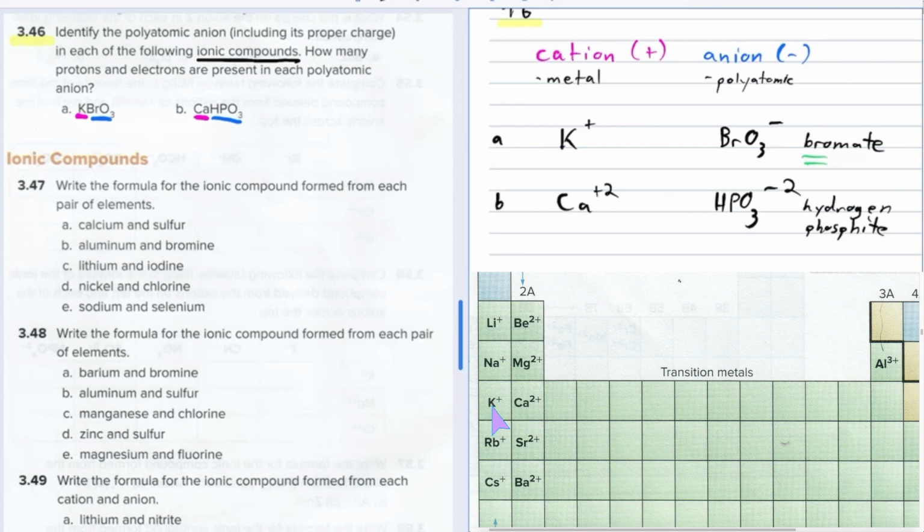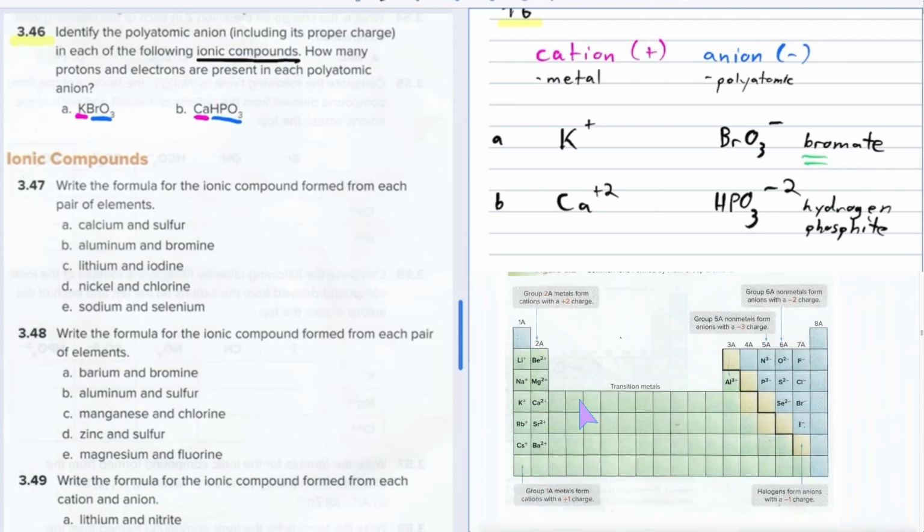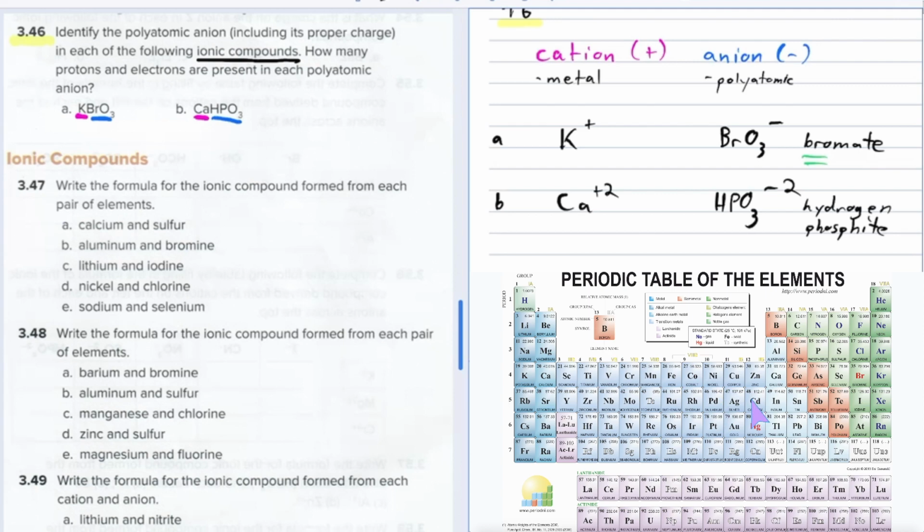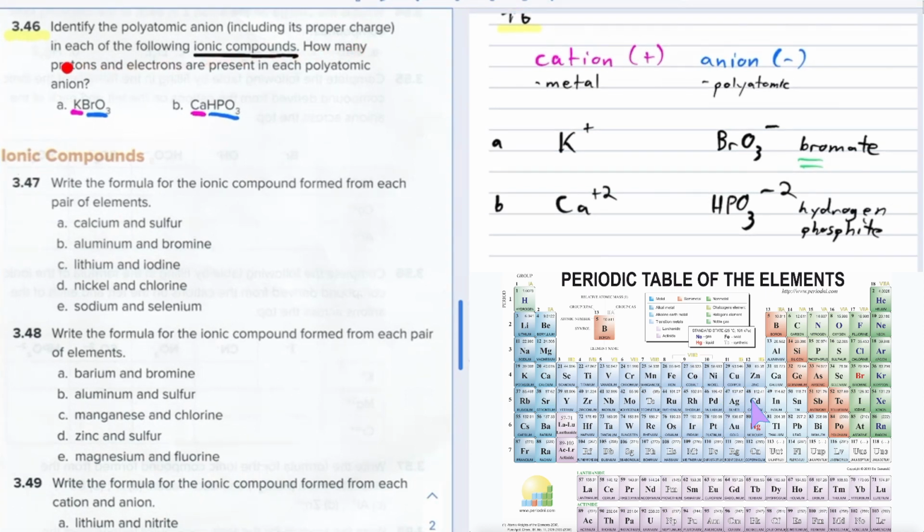Anyway, it's not important what the name is. The next part asks how many protons and electrons are present in each polyatomic anion. We need another periodic table for the next part, so we'll use this one.